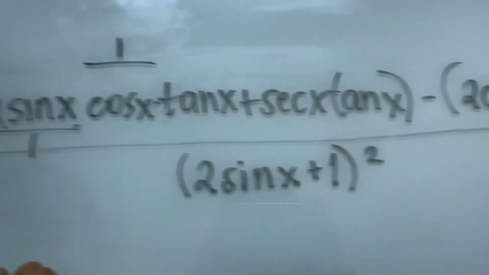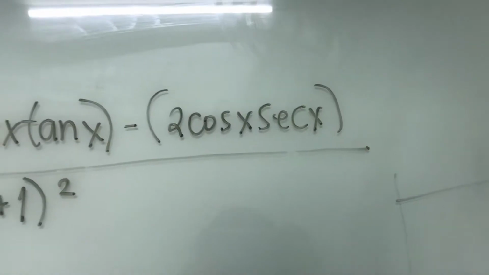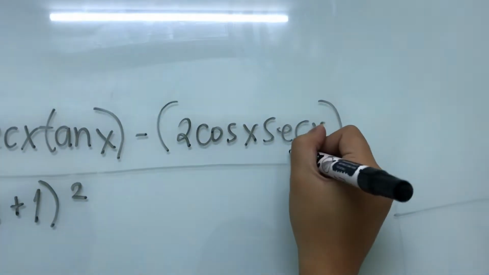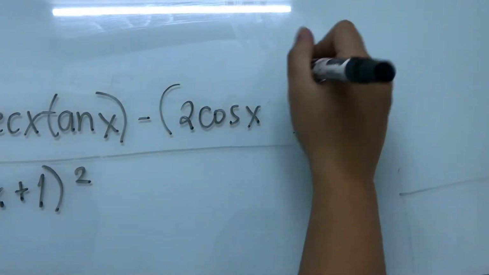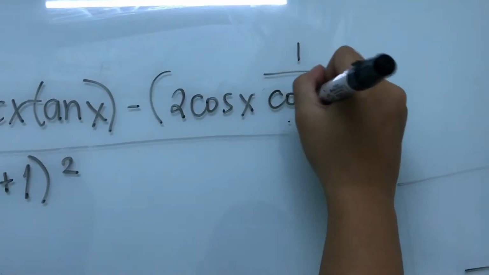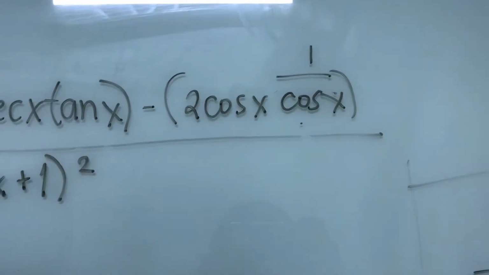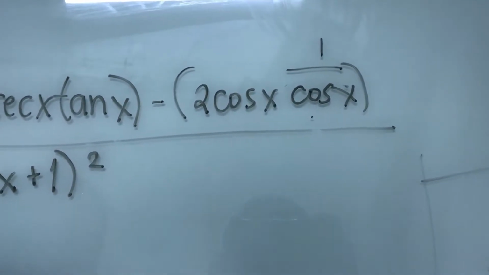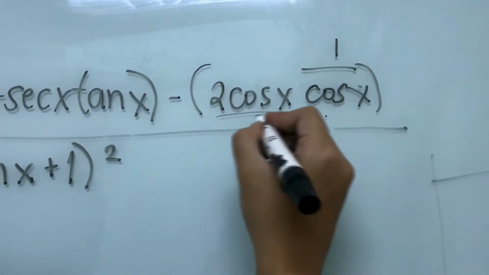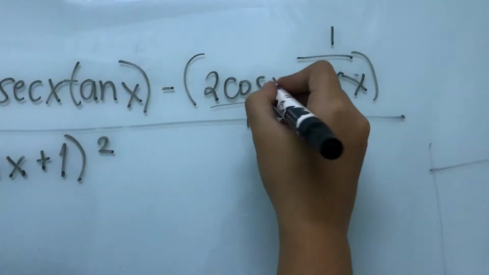Then, the other secant x will also be substituted by 1 over cosine x. Again, since 2 cosine x is equivalent to 2 cosine x over 1, we can simply cancel out both terms.